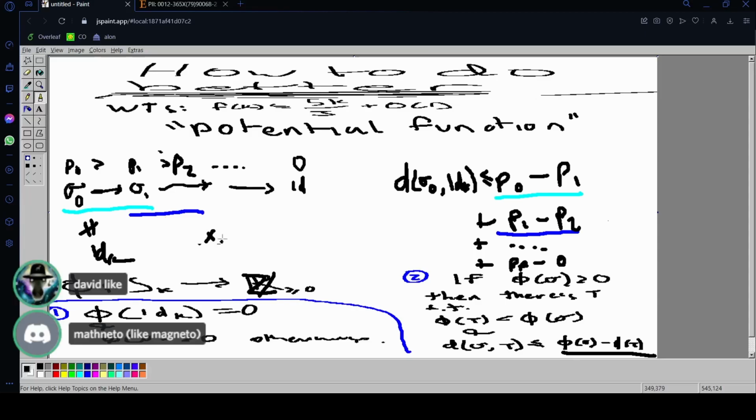The distance to get from x to z. Say I'm trying to get from Durham to Raleigh.